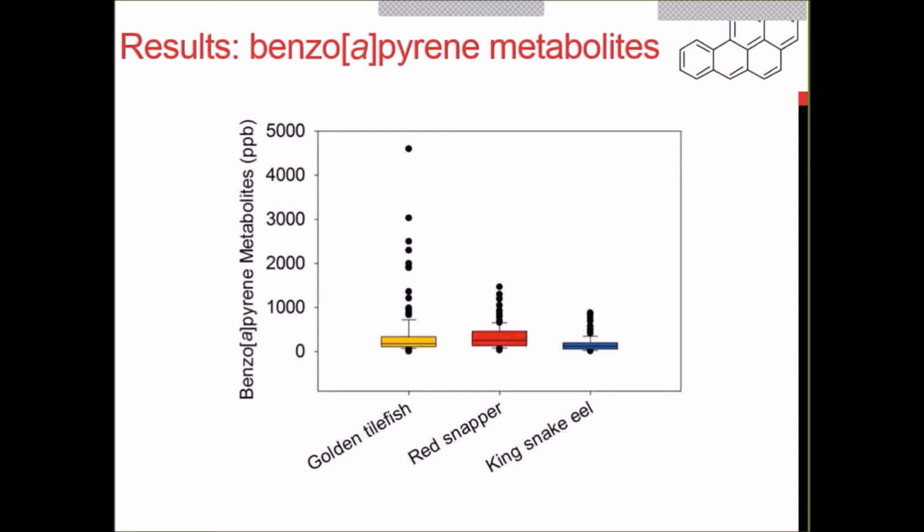It's going to have a different bioavailability to these fish and a different way of being metabolized. So again, no significant difference here between the 3 species, and we are measuring benzo[a]pyrene metabolites at a much lower level than the naphthalene metabolites. Here we measure benzo[a]pyrene on the parts per billion level, whereas our naphthalene metabolites were measured on the parts per million level.